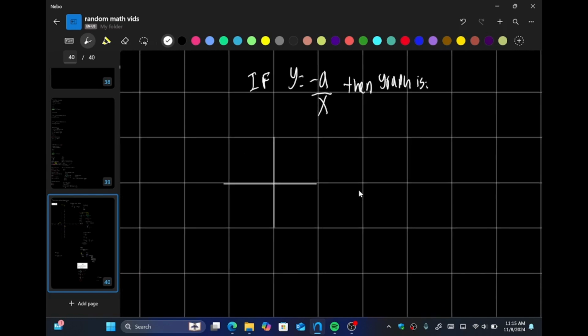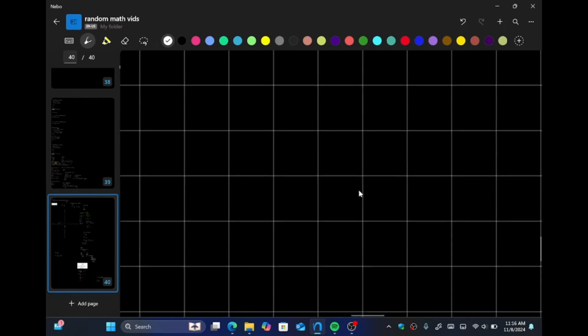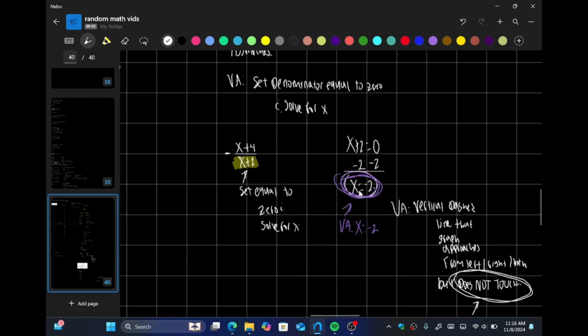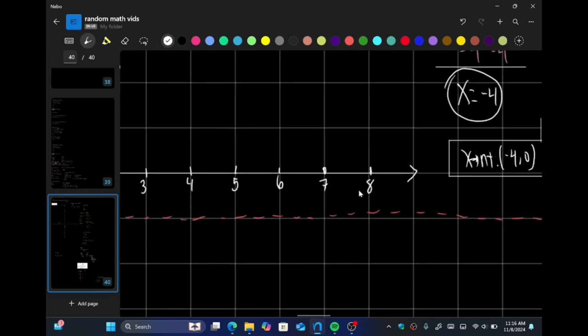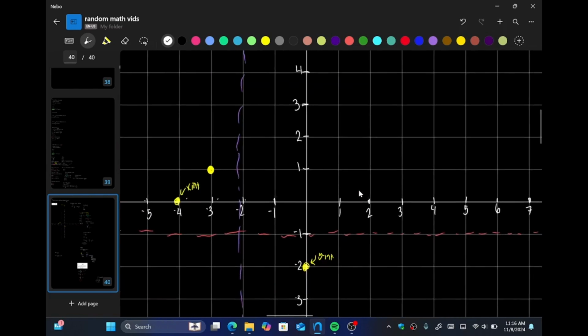It's going to look something like this. This is the shape of the graph that we're going to have here. So you just kind of have to understand the shape of the graph when it comes to parent functions, whether they be negative or positive.